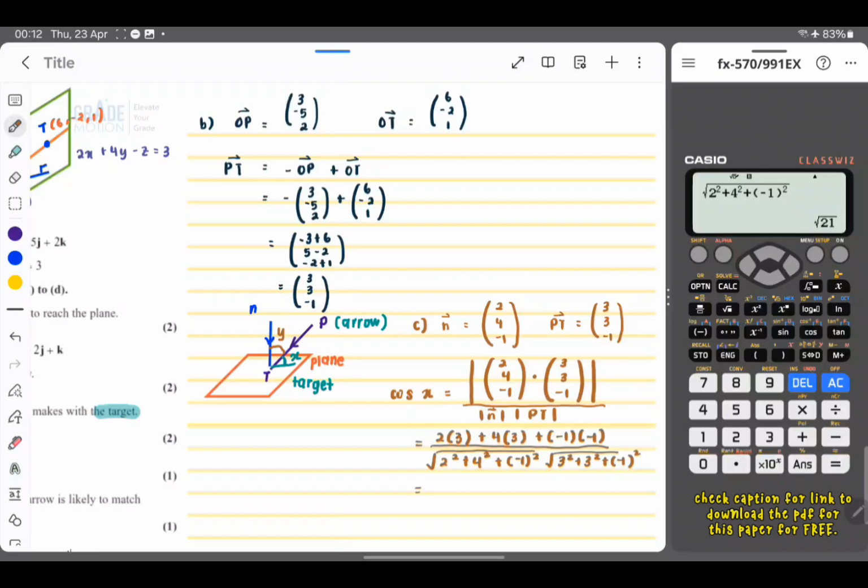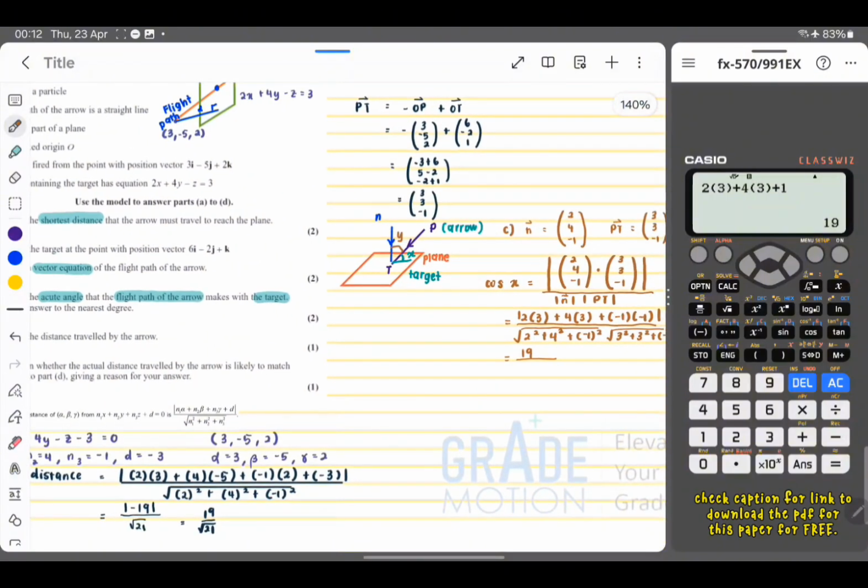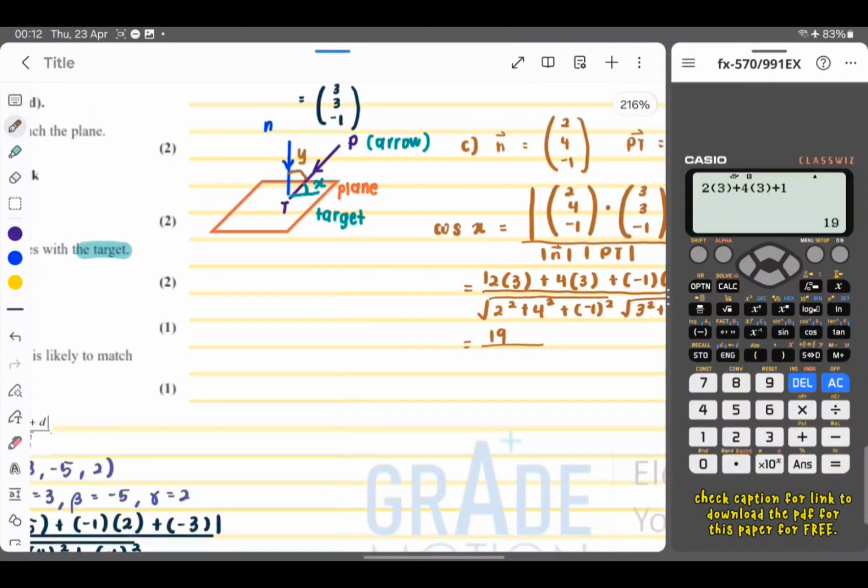Let's compute one by one. Here we have 2 times 3 plus 4 times 3 plus negative 1 times negative 1, that's just 1. So we got 19 up here. I believe we already found the square root of 2 square plus 4 square plus negative 1 square, that is square root 21 from the previous question.